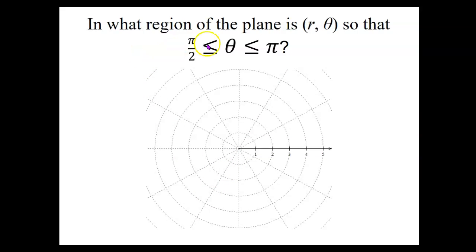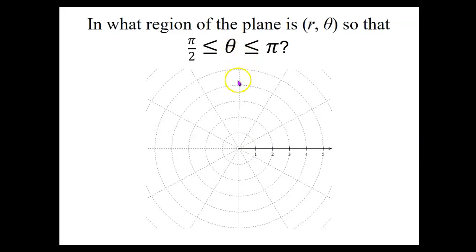In what region of the plane is r theta so that theta is between pi over 2 and pi? Pi over 2 would be this way, like straight up. And if r could be negative, that also gets us points straight down, all the way along the y-axis. Where theta is pi would be out along here, out along the negative x-axis. And if r could be negative, that includes the positive x-axis.